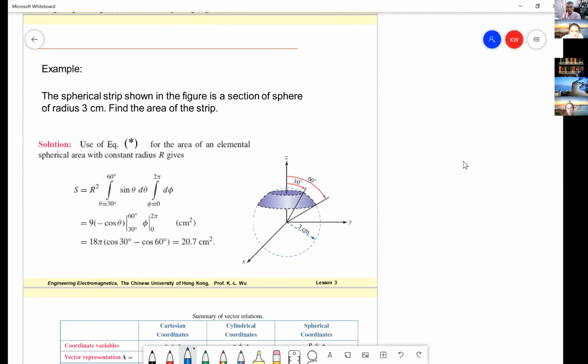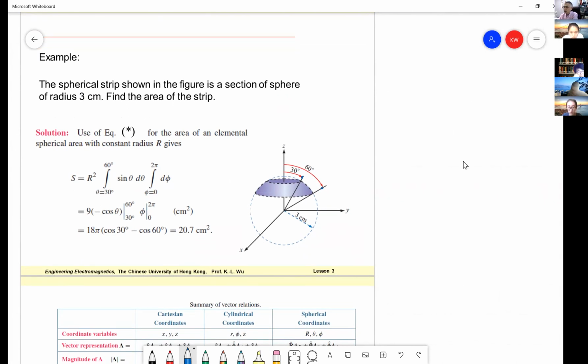Then use the spherical coordinate system whenever you think it is most convenient. For example, if we would like to find the total area over a section of a sphere, defined by two constant theta values: theta is larger than 30 degrees and smaller than 60 degrees, right?